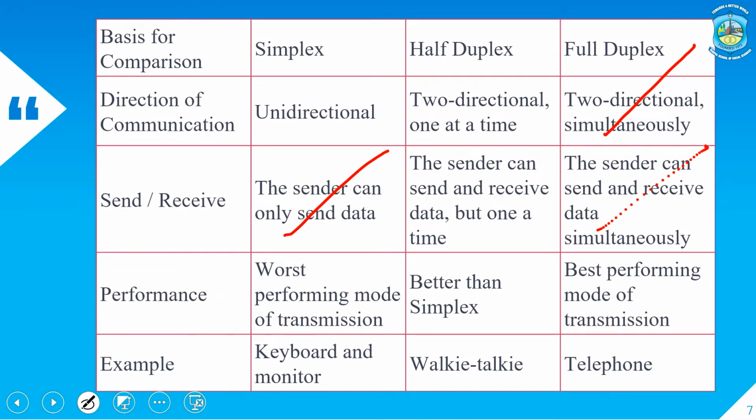Then, when we consider performance, which is the best? When we compare these three methods, simplex gives comparatively the worst performance. Half duplex is better than simplex, and full duplex provides the best performance.